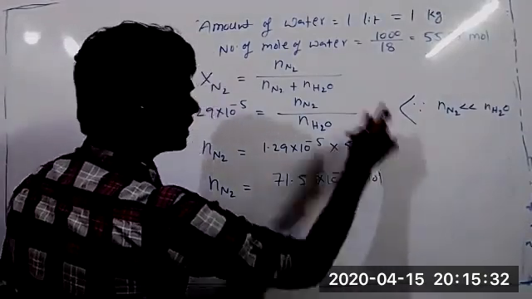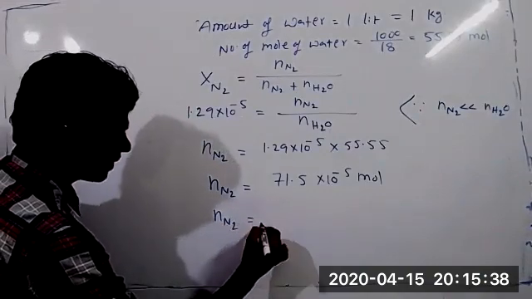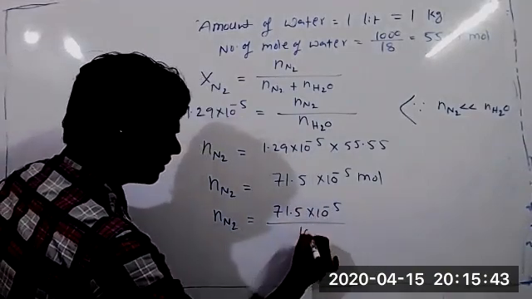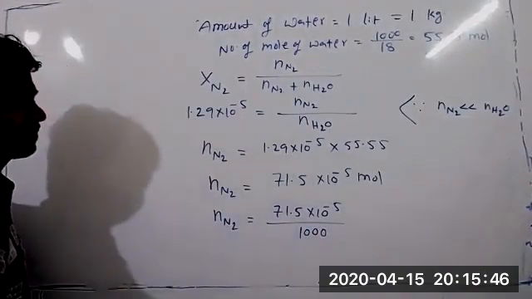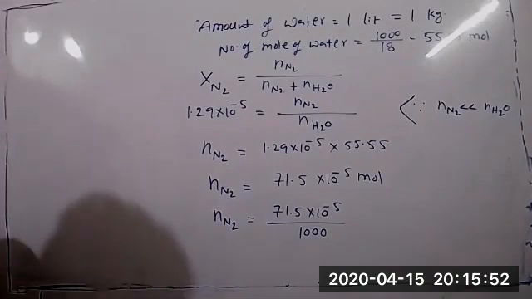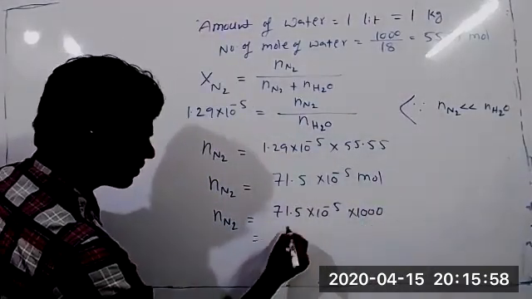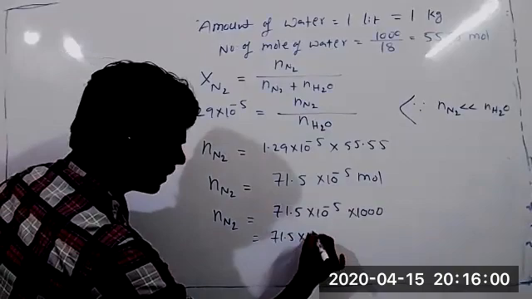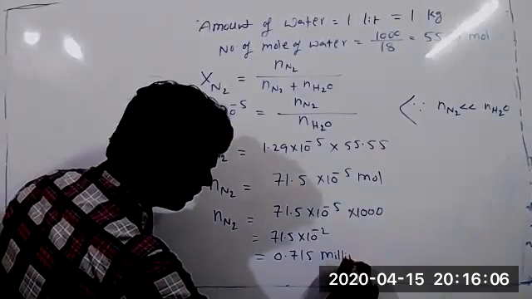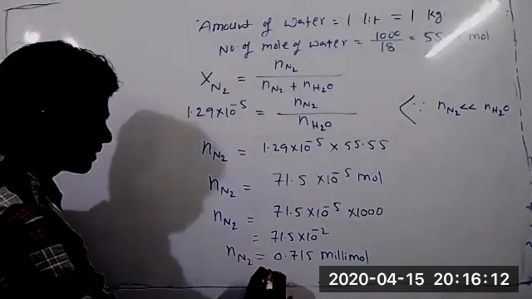But we want the answer in millimoles, so multiply by 1000, not divide. Its value is 71.5 into 10 power minus 2, that is 0.715 millimole. This is the answer.